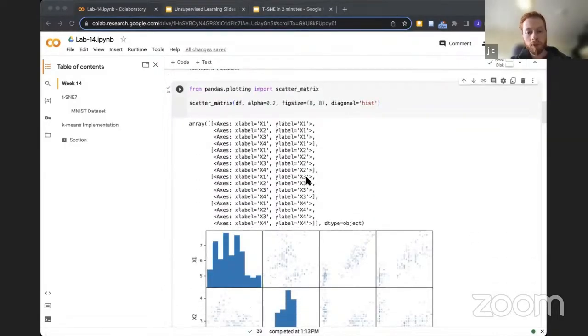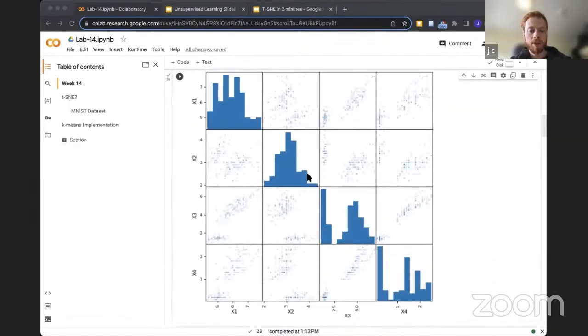We just got the scatter matrix, and now we would like to know how many clusters, how many distinct classes, are present in this data set. What would you guess?